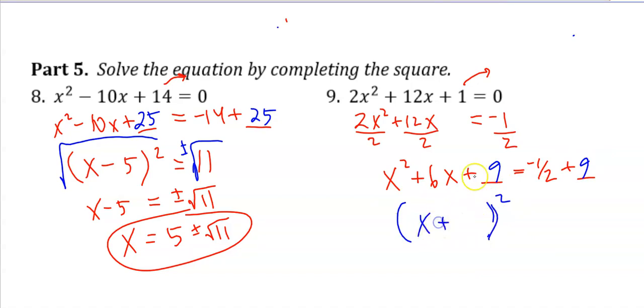x has got to be plus. 9 is 3. It's got to be that. That's like 18 halves minus 1 half is 17 halves. And then we take the square root of both sides.